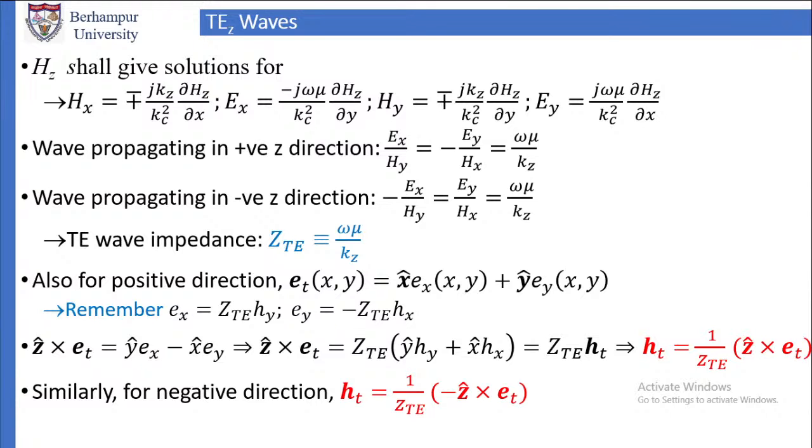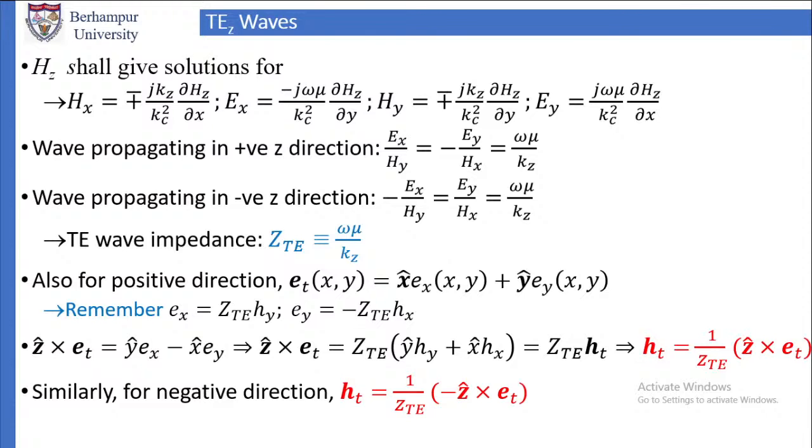Accordingly, you will get Ex by Hy, that will be same as minus Ey by Hx. Since we have found out expressions for Ex, Hy, Ey, Hx, just take the ratio Ex by Hy. Now Ex has differentiation ∂Hz/∂y. Hy has differentiation ∂Hz/∂y. They will cancel out.